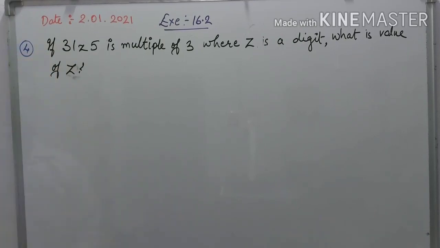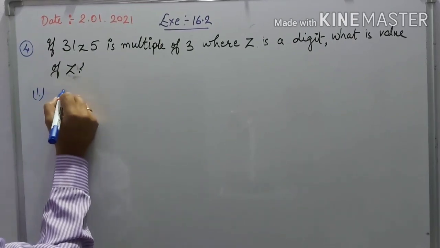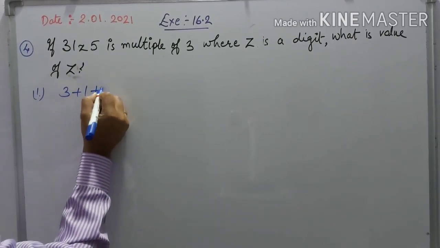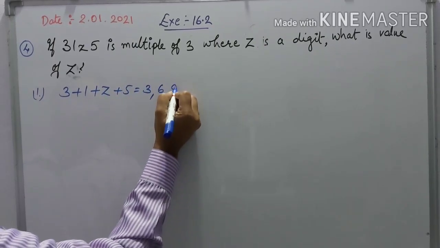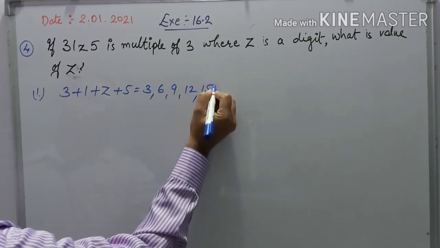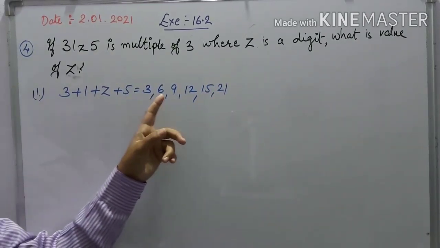Question number 4 is similar to question number 3. We have to find all the values of z. First we write 3 plus 1 plus z plus 5 is equal to a number from the table of 3: 3, 6, 9, 12, 15, 21. You have to choose the number.